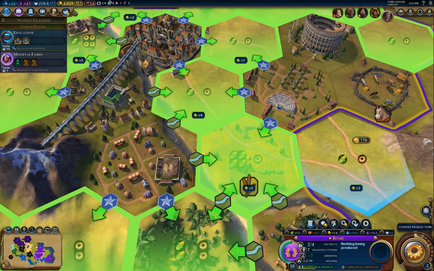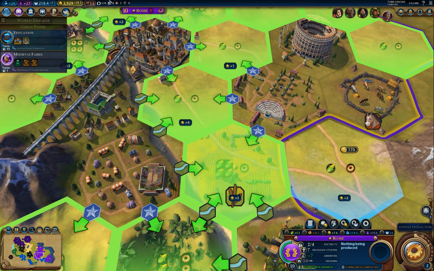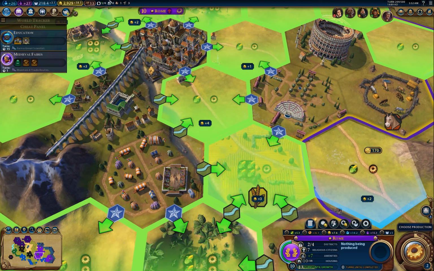So we would have to build a district here. Do we want to wipe out our food? Maybe later we would. Early on, you need your food, but there's a lot of food bonuses that come into play in terms of policies, and later on you might not need this. That's what I'm saying. Maybe you would add another district here to boost that gold.